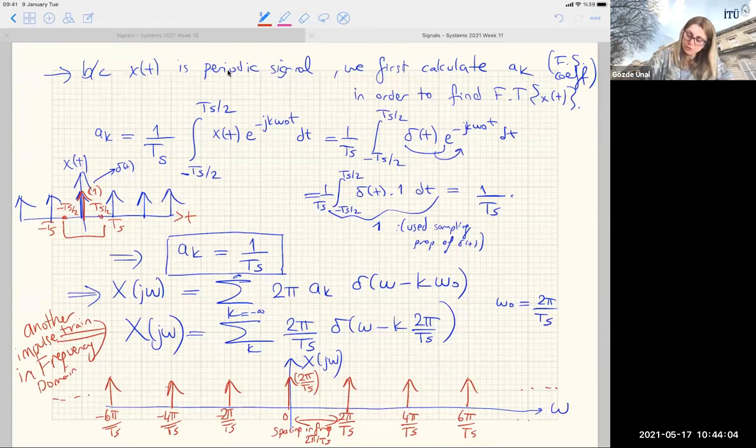So we should note again, this is a 2 pi over Ts interval in the frequency domain.